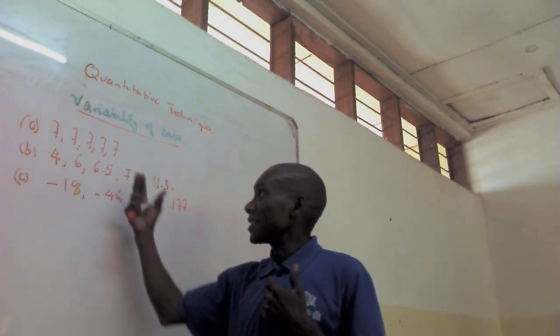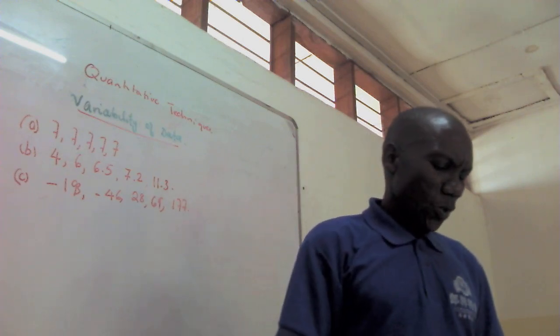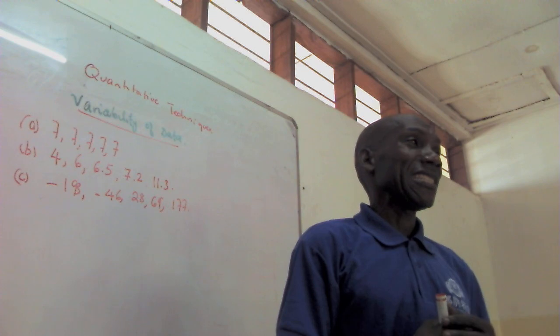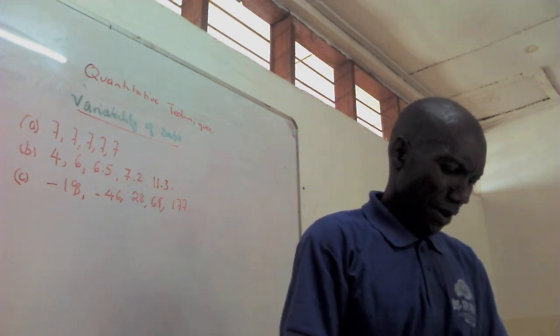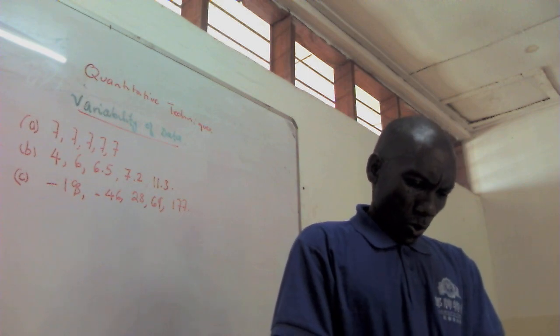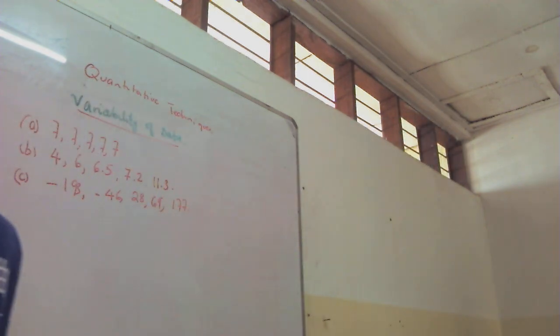So out of this, whether the first one, the second one, or the third one, we can test them by finding range. Let's test them by finding range. How do you define range?